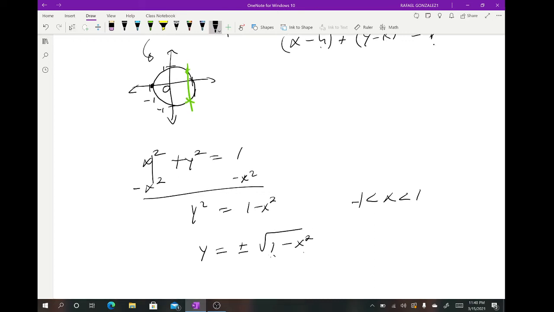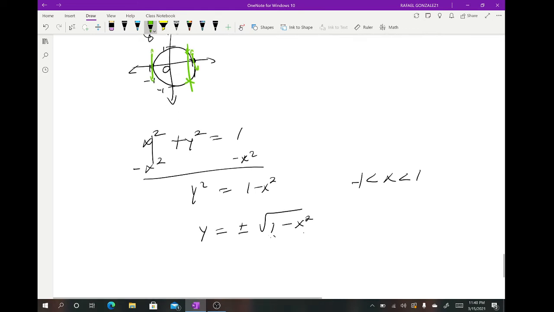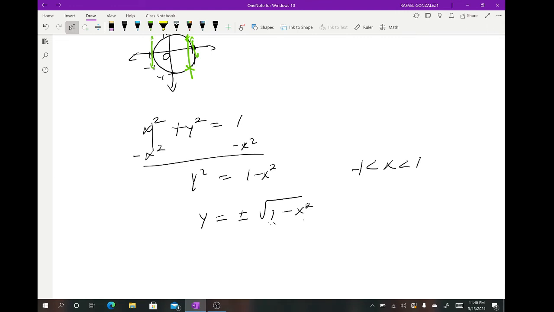And remember, the derivative is going to give us a tangent line. There is no tangent line here, there's a vertical line. The slope of the tangent line here is undefined because it's a vertical line. Okay.